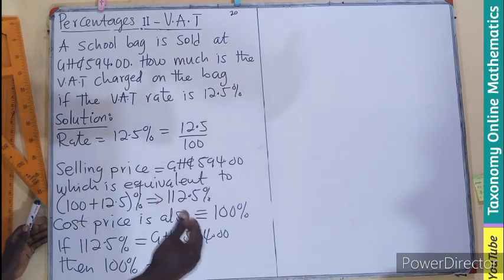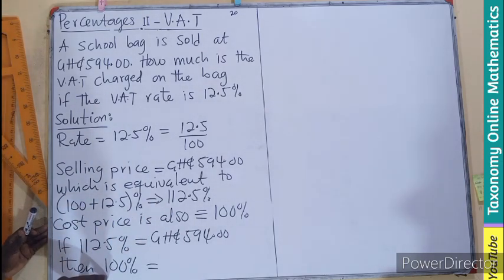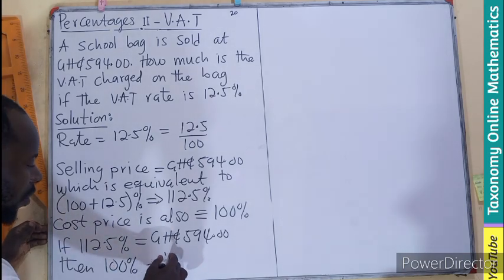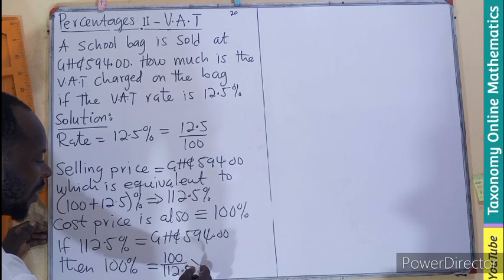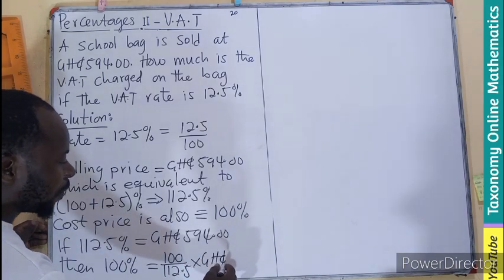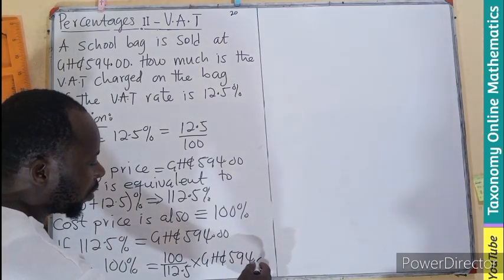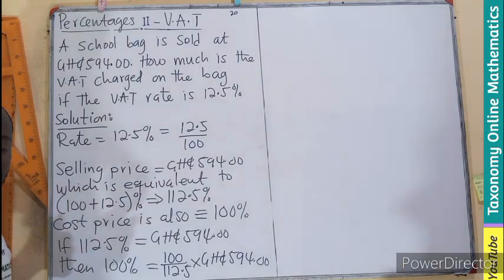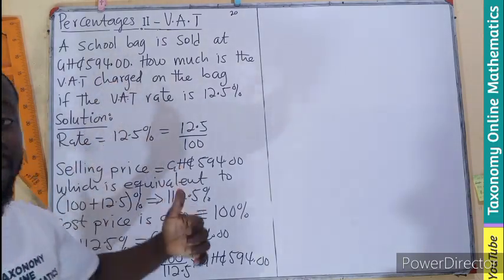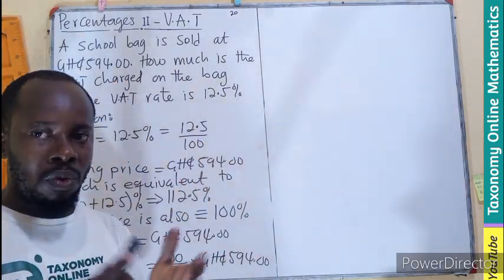So if the value will be less, then we use 100 divided by 112.5, now multiplied by 594. That will give us the value the article was marked with, the cost price.